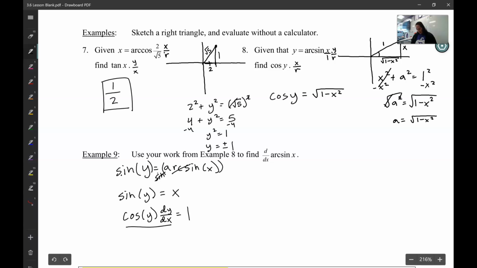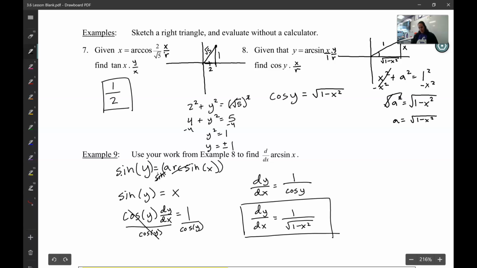Now I can divide by cosine of y, divide by cosine of y. So I've got that my derivative is 1 over cosine of y, which we just found out in the last problem. Cosine of y is square root of 1 minus x squared.